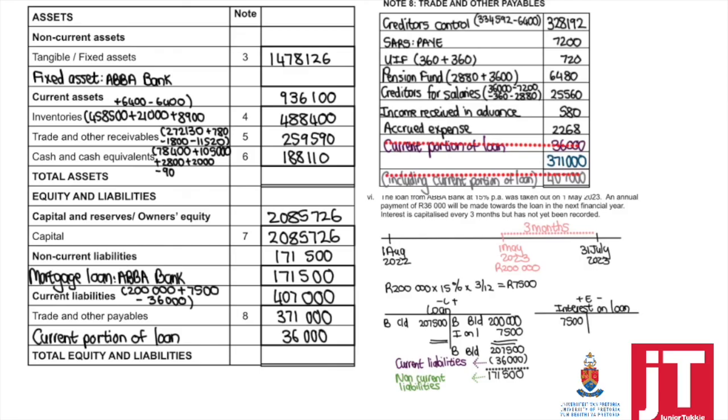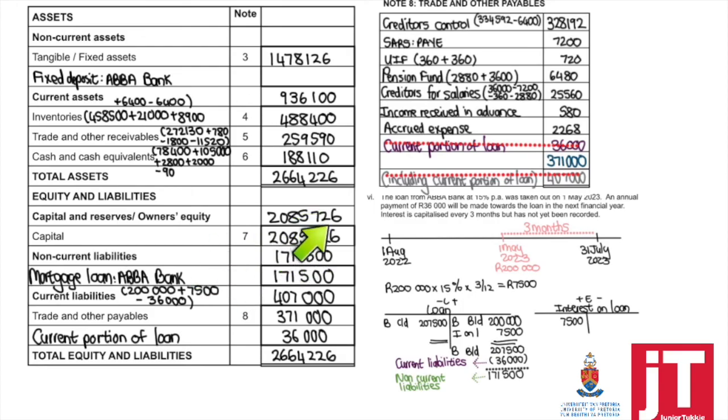Moving on. What can we calculate next? Remember that the fixed deposit was a missing figure. It means that we first need to solve equity and liabilities. We can solve that.